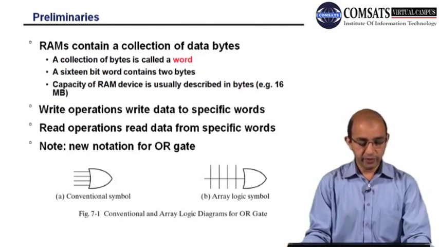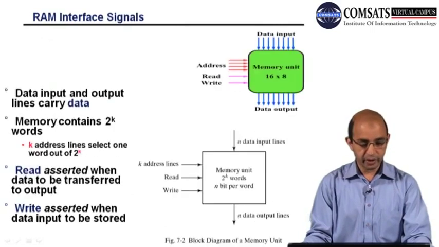We have different symbolic representations. This is the conventional symbol for the OR gate, and if I put those vertical lines, I will call it an array logic symbol. So this is the conventional and array logic diagram for the OR gate.